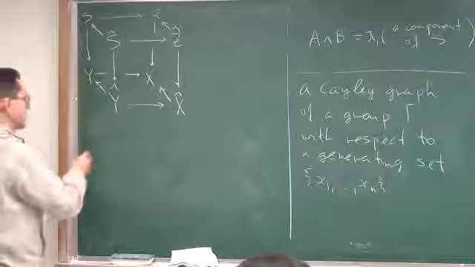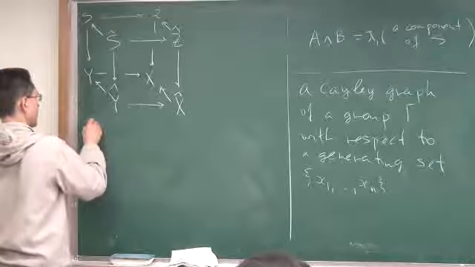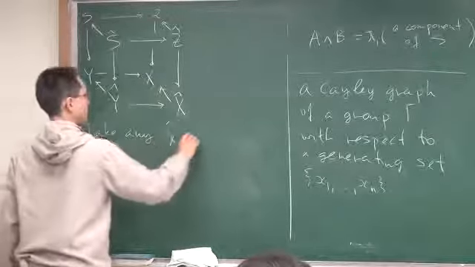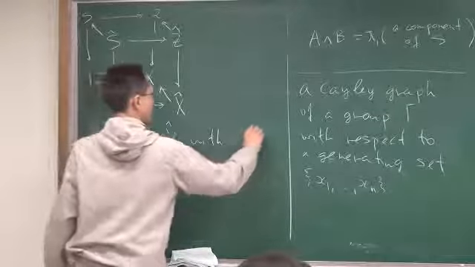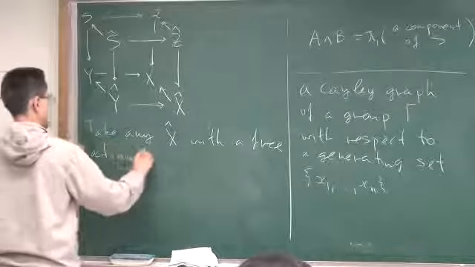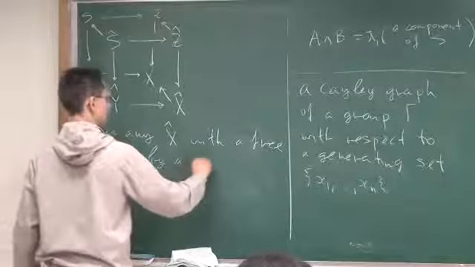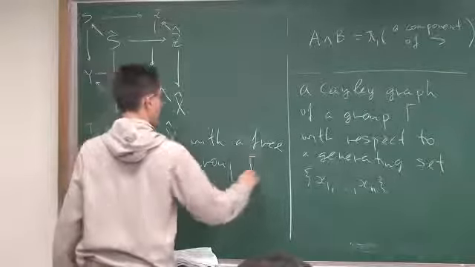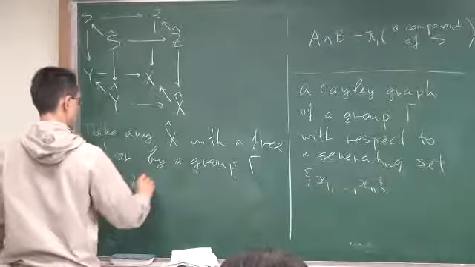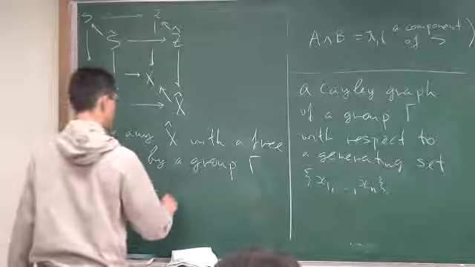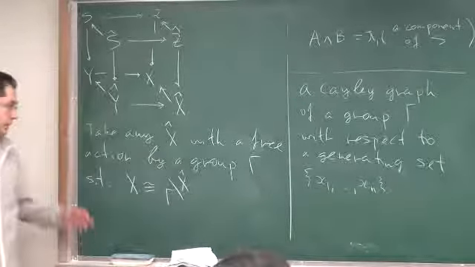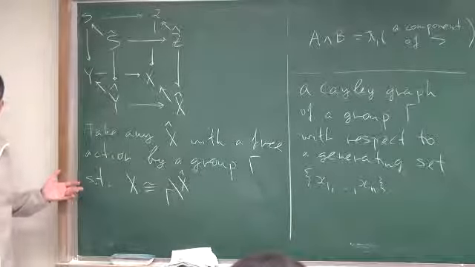More generally, I could take any x hat with a free action by a group gamma, such that x is isomorphic to the quotient by this action. So this is a more general situation.